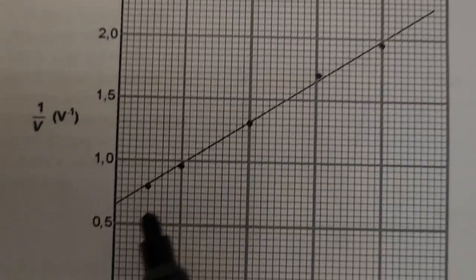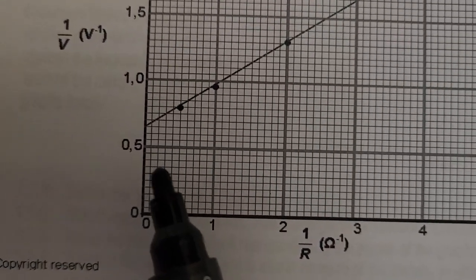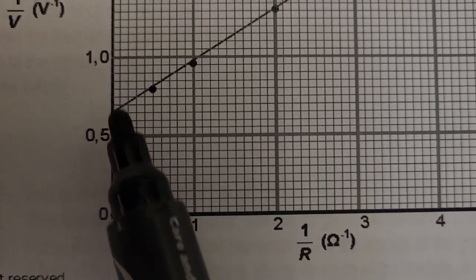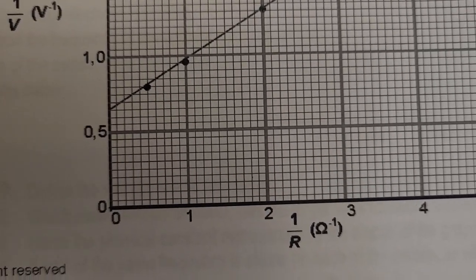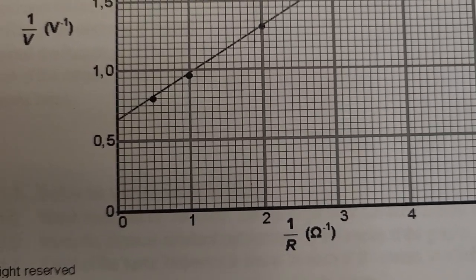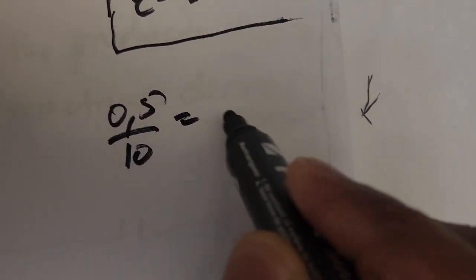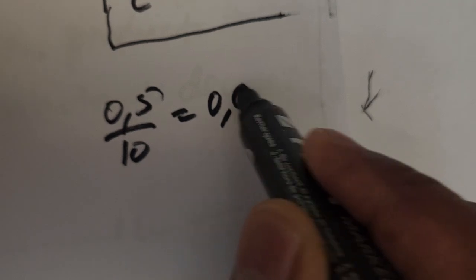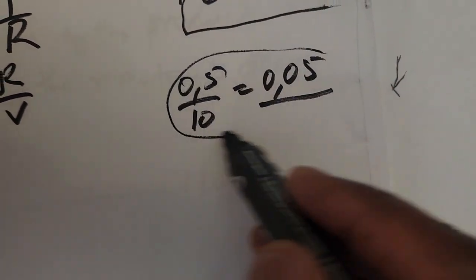So where the graph touches the y-axis, how many blocks do we have? There are 10 blocks between 0.5 and 1. To calculate how much is 1 block, we say 0.5 divided by 10. Therefore, 1 block will be 0.05.